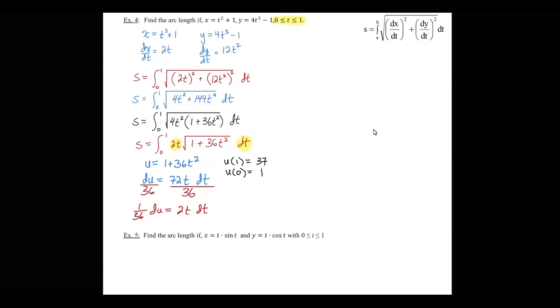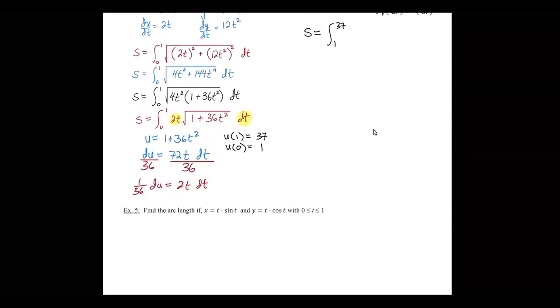All right, so you're getting a little capsule summary of some of the earlier parts of Calc 2 here. So S would be equal to the new integral on the interval of 1 to 37. Instead of my 2t dt, I'm now going to have a 1 over 36 du. So I can just tuck that in here. If I want, I can put the 1 over 36 on the outside.